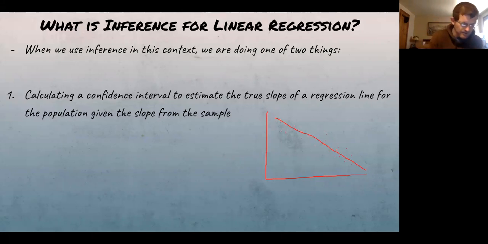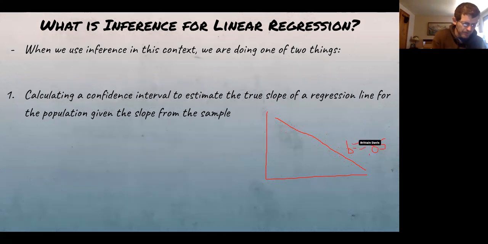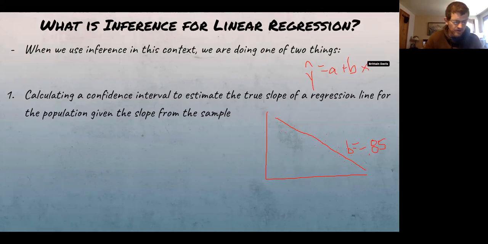Let's say the slope is negative 0.85. This slope that I got from the sample, we always call b. We're going to talk about notation a little bit, but our slope is b. Remember, it comes from the equation y hat equals a plus bx.